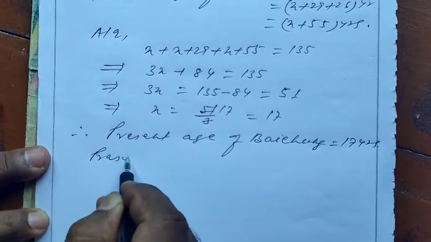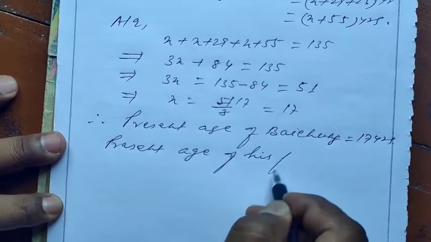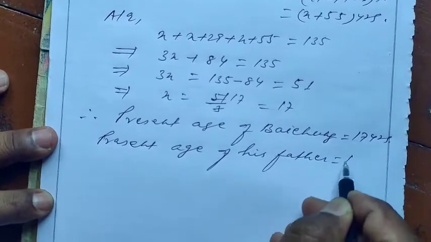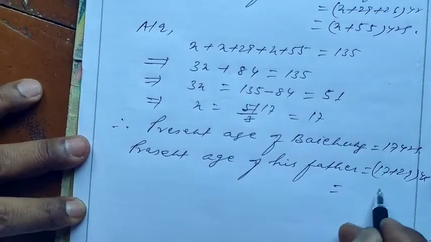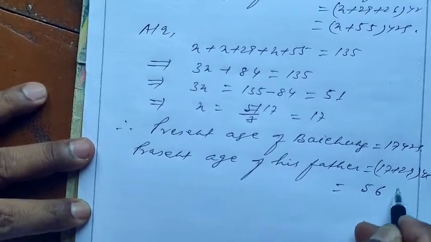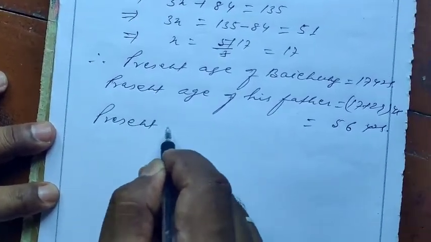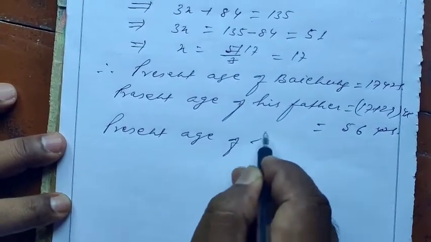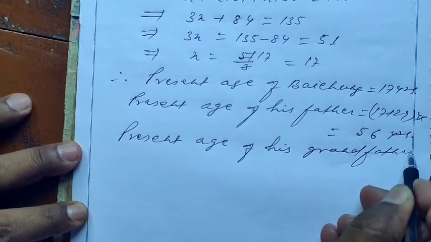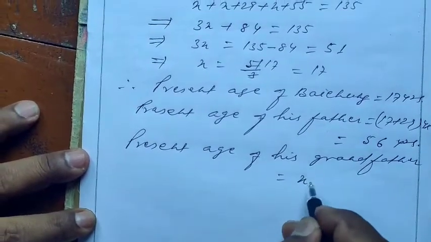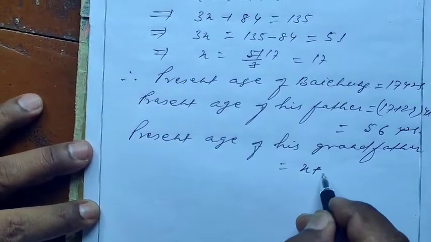Present age of his father is equal to 17 plus 29, equal to 46 years, and present age of his grandfather is equal to x plus 55.